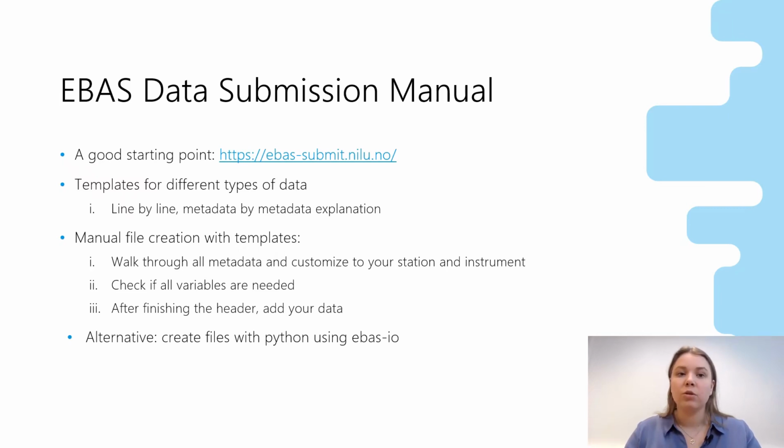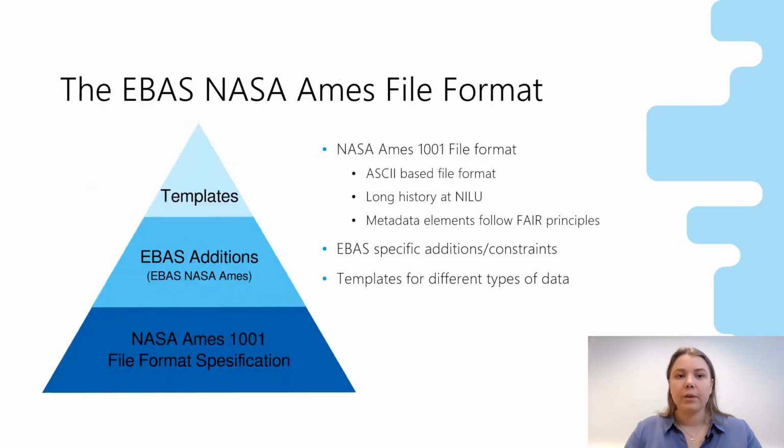This video focuses on the manual file creation, but if you are proficient in Python, there is, as I said, an alternative to creating files with our EBAS IO Python package. Files submitted to EBAS should be in the NASA Ames 1001 file format. This is an ASCII-based file format with a very long history at NILU.